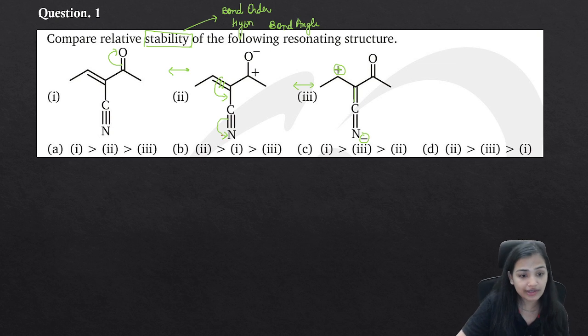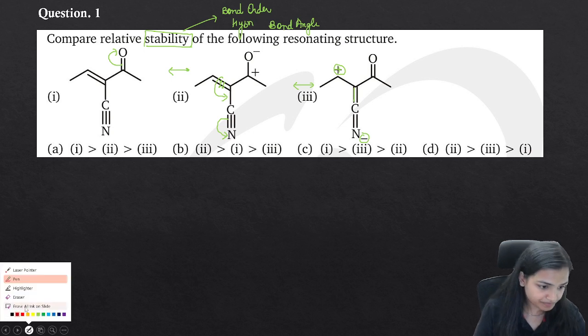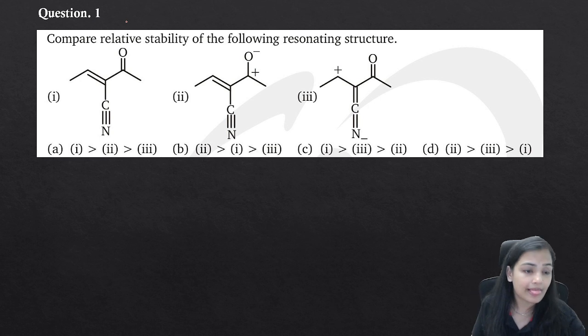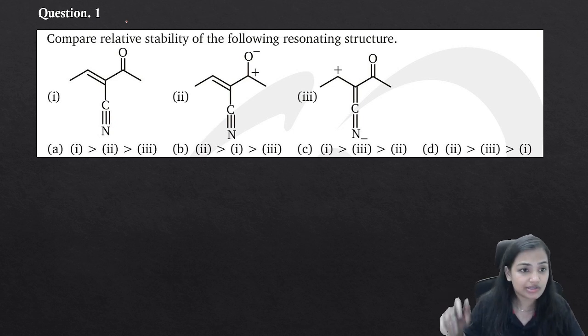So for today, our whole focus is to determine the resonance stability. Now this is question number 1 that I want you to do, guys. Do let me know what would be the order for the resonance stability among all the three resonating structures.